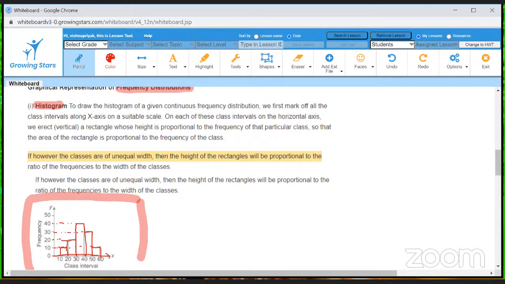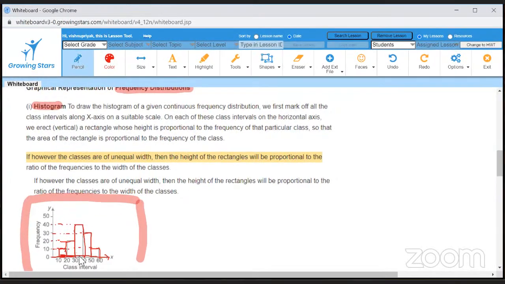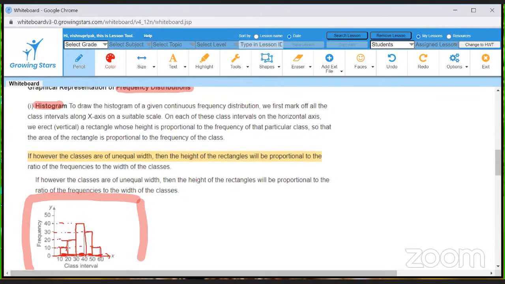Here the classes are of same size, 10, 10, 10, 10, 10. Each class is of same size, 10. But even though the classes of same size are not there, still you can draw rectangles.